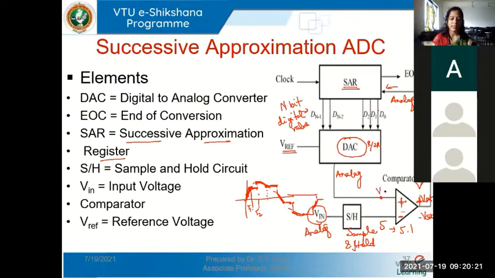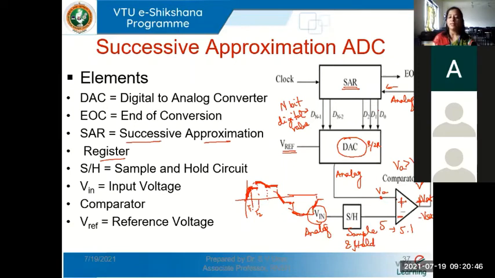If I call this voltage VA, we are calling the analog input voltage Vin, which is given to the inverting terminal, and the converted analog value, the output of the DAC, VA.